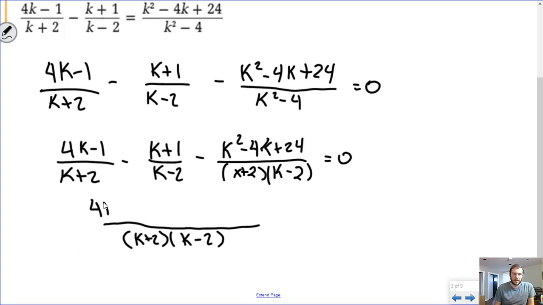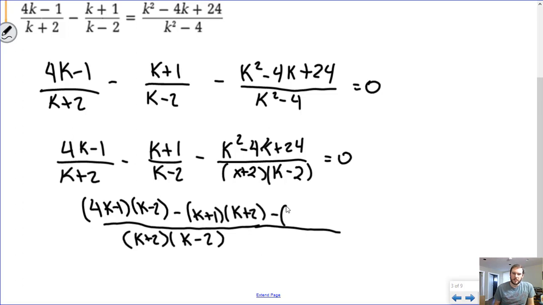So this 4k minus 1 needs to get multiplied by k minus 2 minus, right, this k plus 1 here, this k minus 2 here is missing the k plus 2, so k plus 1 has to get multiplied by k plus 2. And again, minus, this one already has both, so it's just going to stay as is. K squared minus 4k plus 24. And this thing is equal to 0.